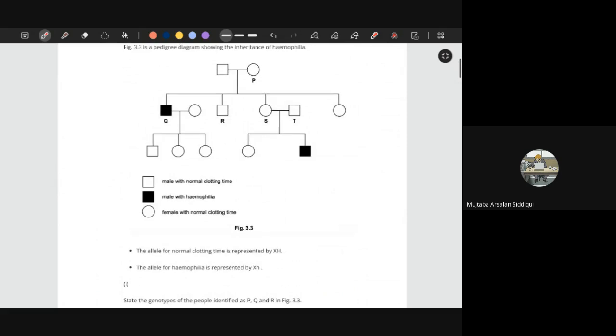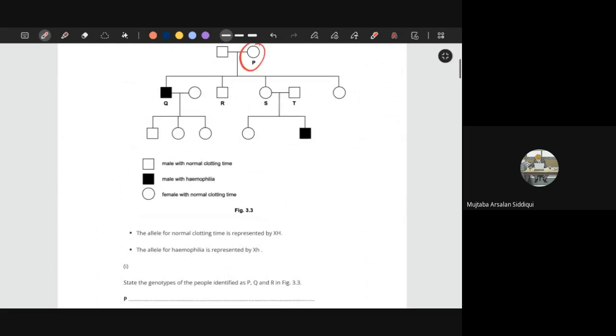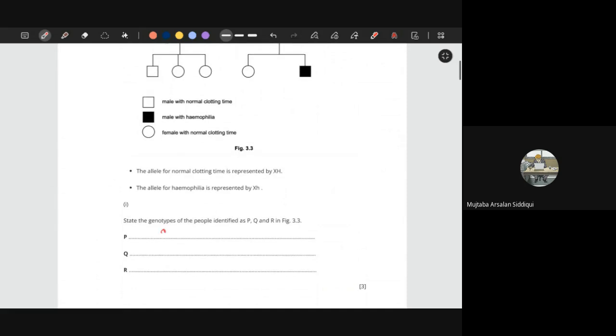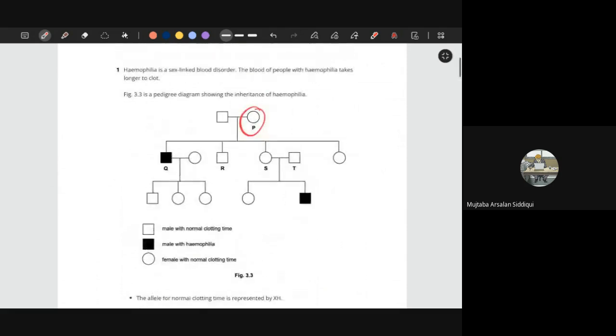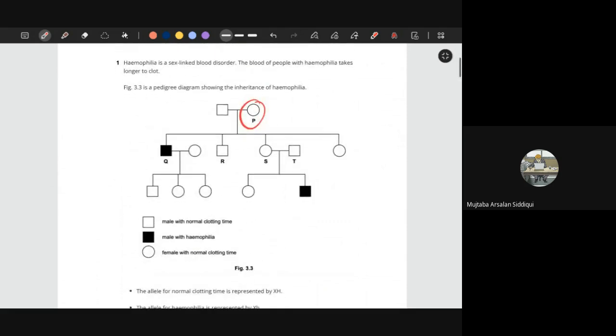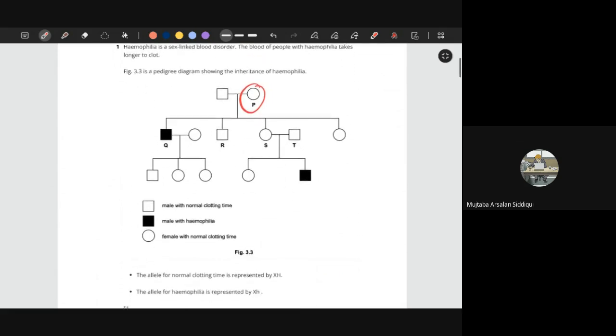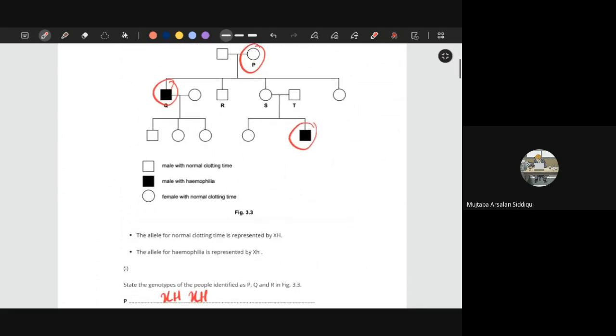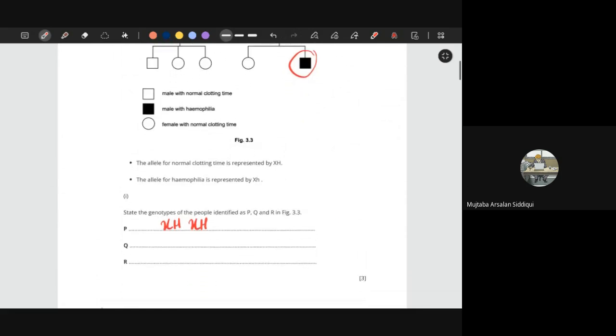So P is a female who is not having hemophilia, so she would be XH XH. Make sense? But she has a child who is having hemophilia, so essentially that suggests that she is a carrier.